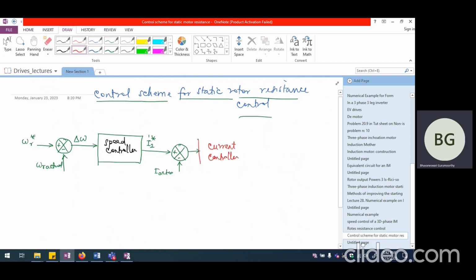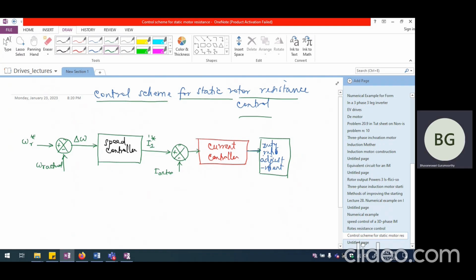Now the current controller is going to decide what is going to be the duty ratio. So this will adjust the duty ratio of the switch that is being used along with the static rotor resistance control. So this is going to adjust the duty ratio.